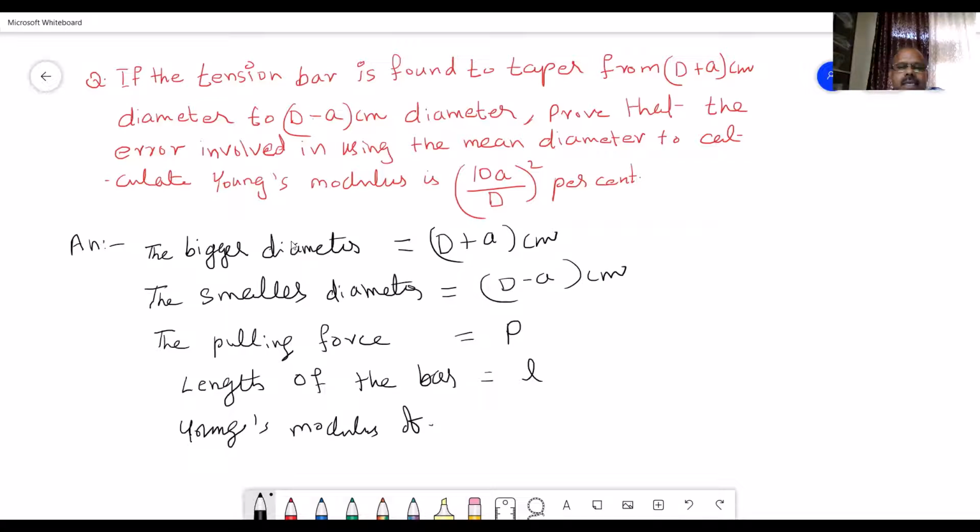Here I am writing only Young's modulus. The whole drama need not be written, isn't it? Young's modulus by taper diameter. We don't know, so we are assuming it as E1. Let it, this will be E1.